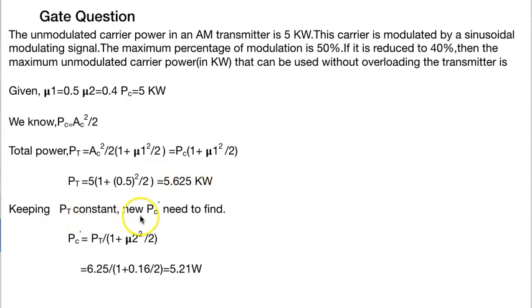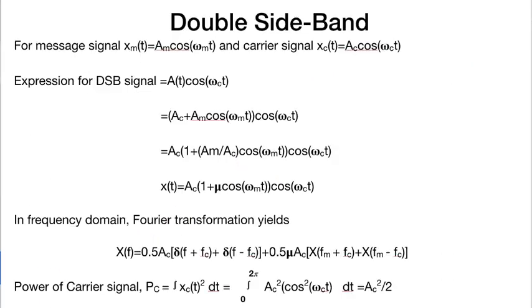Keeping PT constant, the new PC at a modulation of 40%, 0.4, will be 5.21 kilowatt. So instead of 5 kilowatt, we will require 5.21 kilowatt if we wish to send a signal at a modulation of 0.4. Okay. Now moving forward, what is actually a double sideband?